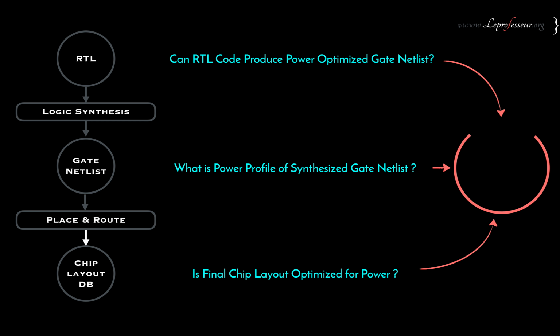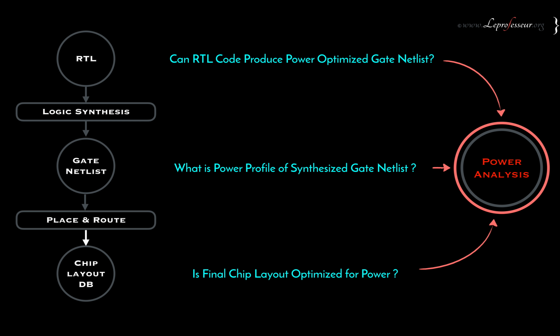So we do power analysis at different levels during our design process. We do power analysis at the RTL level, RTL power, which is a very rough estimate because we don't have actual physical information of the design. However, it's a good indication at the RTL level itself that if it's going to be out of budget, then we can still do something at the RTL.